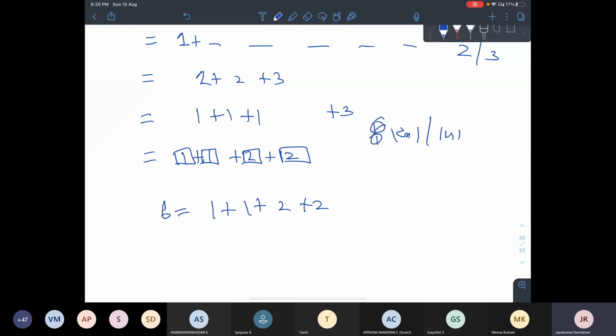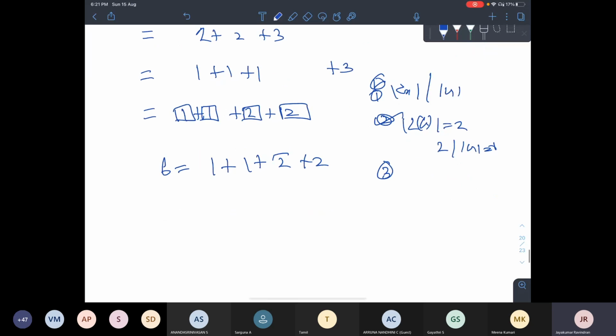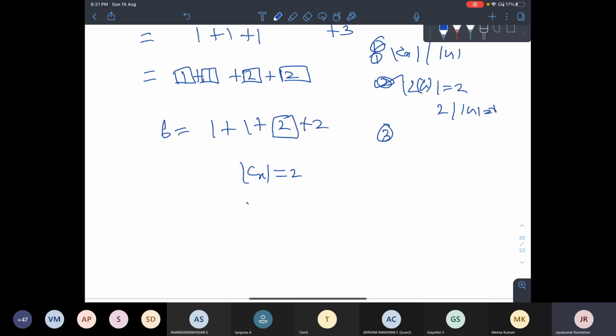That's the first thing. Second, the center of G here is 2 because 1 plus 1 is 2. Only 2 elements. The order of the center also divides the order of G, which is 6. So that's the second factor. The third factor: look at this particular term. This is Cx equal to 2 for some x, right? So we know that order of G equals Cx into Z of x.